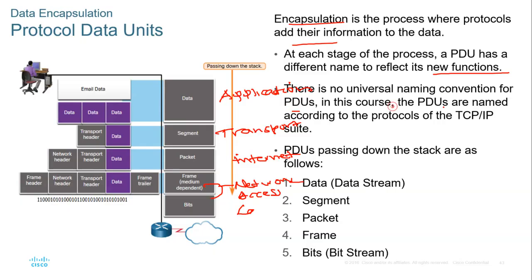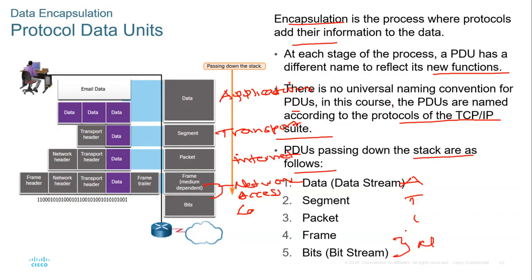In this course, the PDUs, protocol data units, are named according to the protocols of the TCP suite. So PDUs passing down the stack are as follows. Remember, this is the application. In encapsulation, it starts from application, and then transport, we have internet, and then these two, it's the network.